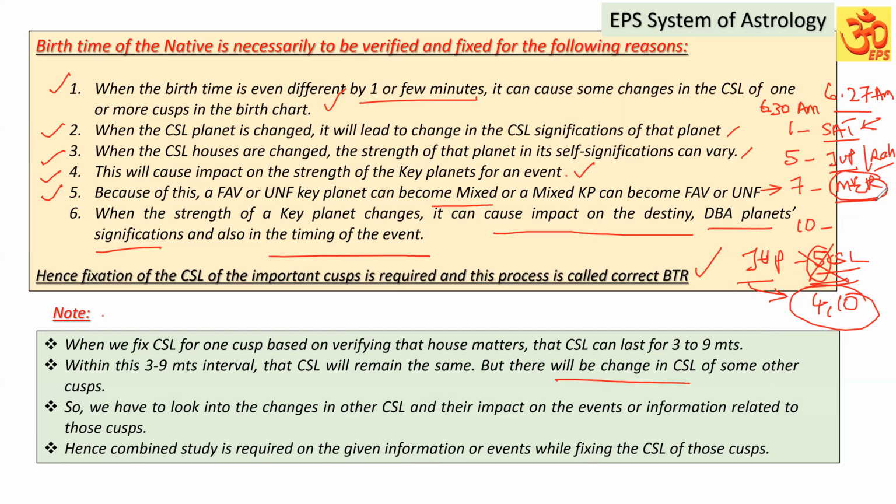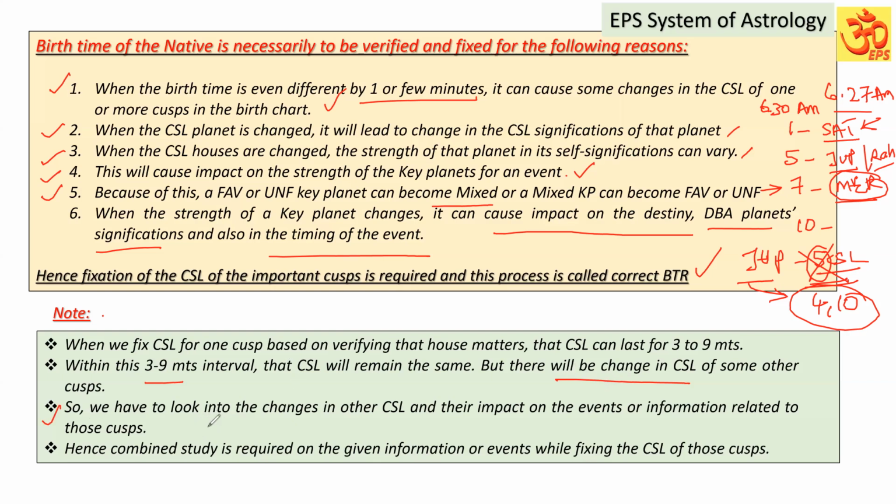Without changing this Mercury, the other cuspal sublords can change within this 9 minute duration. In case the seventh sublord is Ketu and you want to fix it, then if you adjust within 2-3 minutes, the seventh sublord will remain the same, but it can give some changes in the other cusps also.